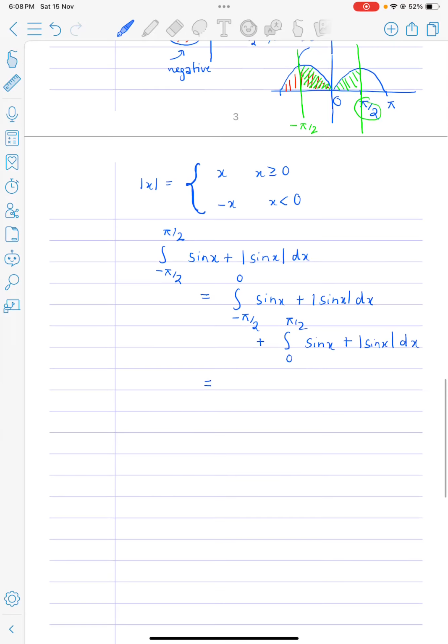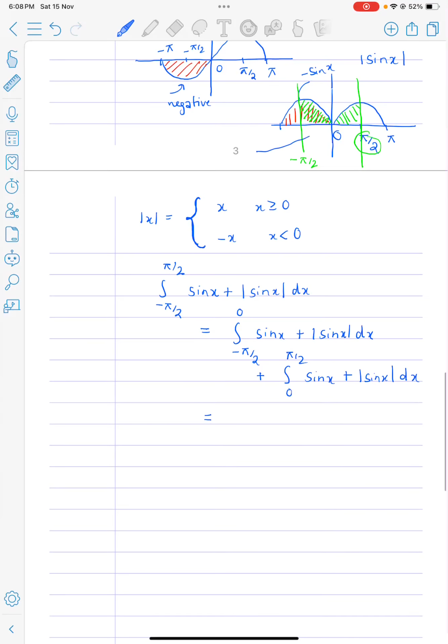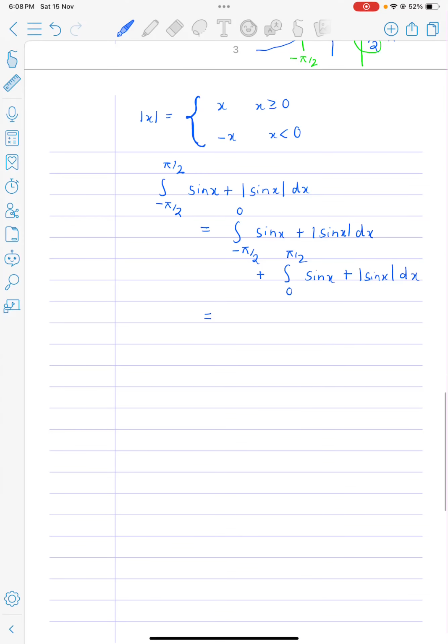We observed this, right? From minus pi by 2 to 0, the definition for mod x will change.